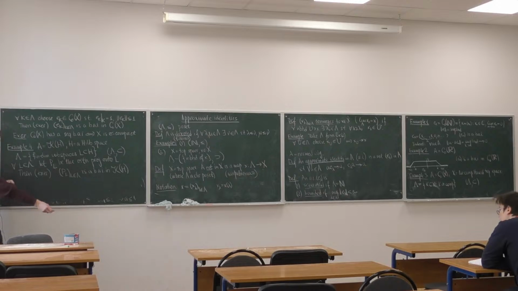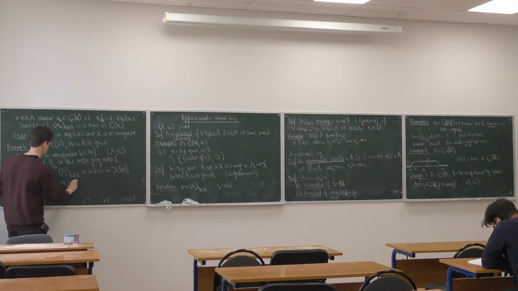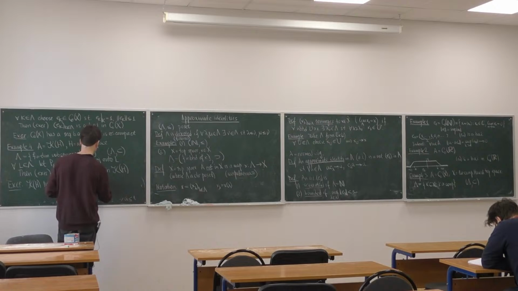Again, the actual question is about the existence of sequential approximate identities. And here is an answer. K of H has a sequential bounded approximate identity if and only if H is separable.